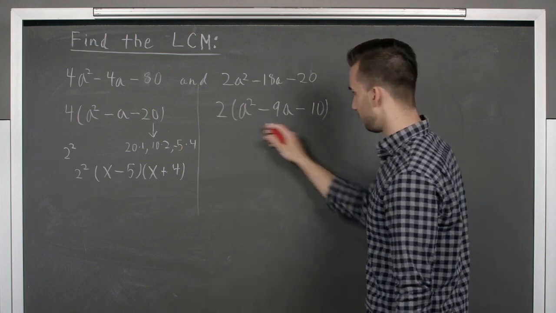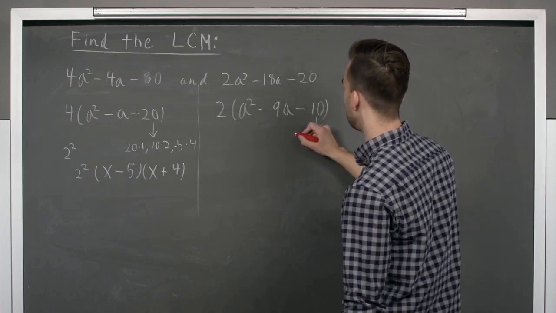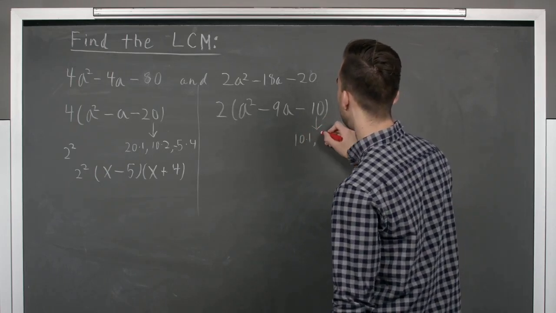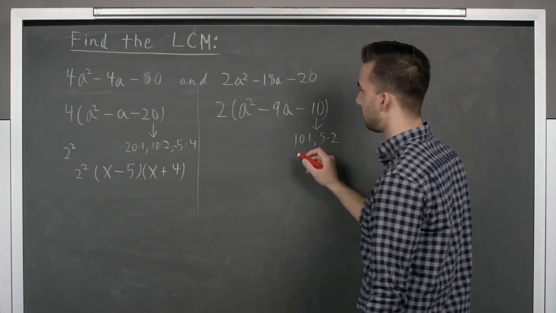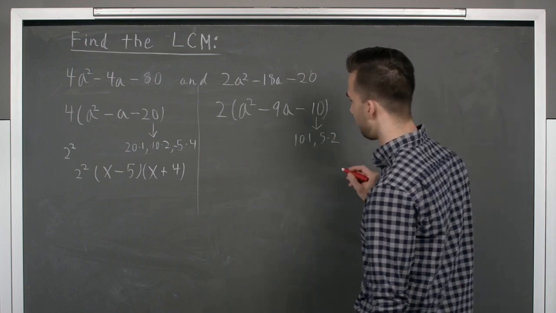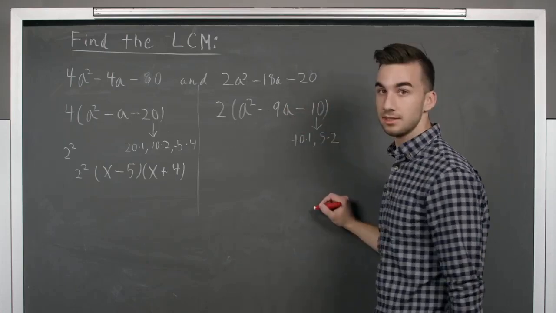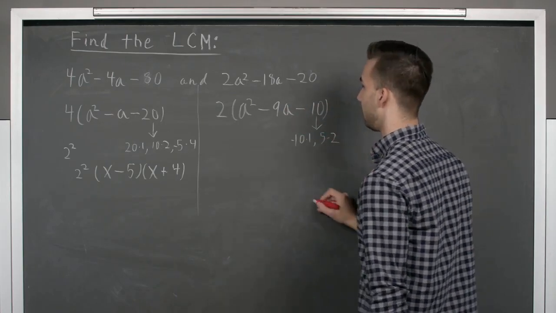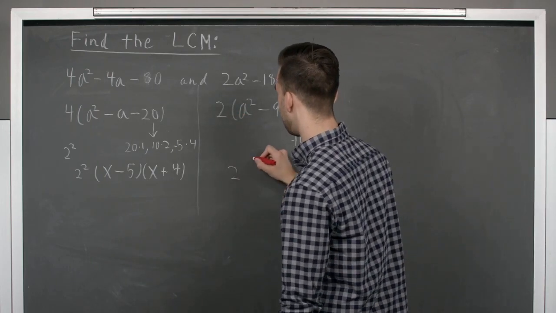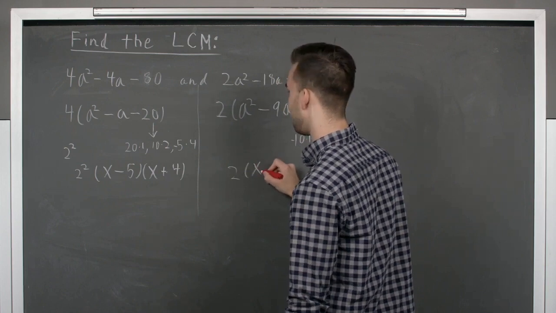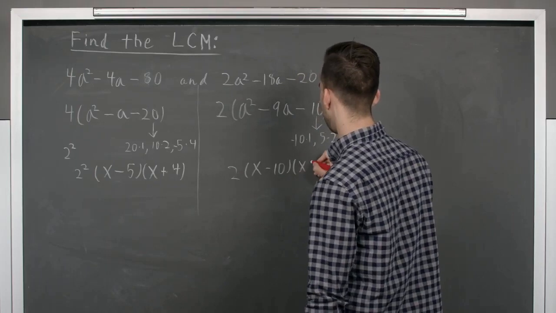Now, can we factor this? Well, let's see. Factors of 10 gives us 10 times 1, 5 times 2. And looks like 10 and 1 can give us 9. So how would we do that? We would do a negative 10, positive 1. That would give us both of these. So we can factor it. Let's go ahead and write this in our factored form. Don't forget the 2 on the outside. 2 times a minus 10 and a plus 1.